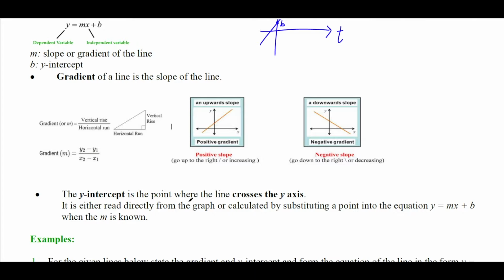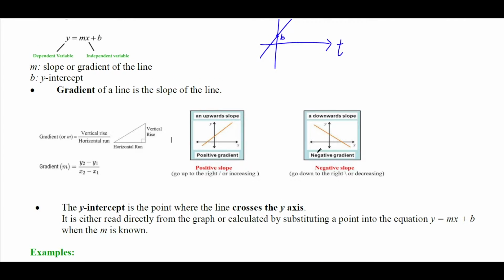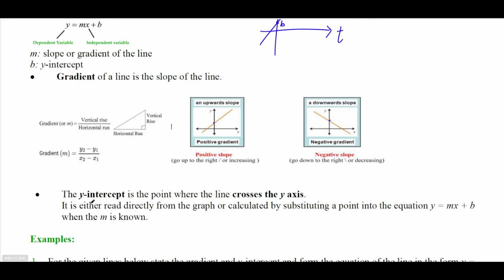The y-intercept is the point where the line crosses the y-axis. So in this example, this is the y-intercept here. It is either read directly from the graph, or you calculate it by substituting a point into the equation y equals mx plus b, where the m is known.